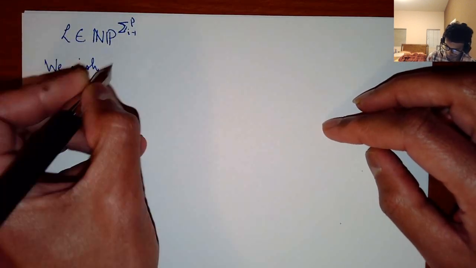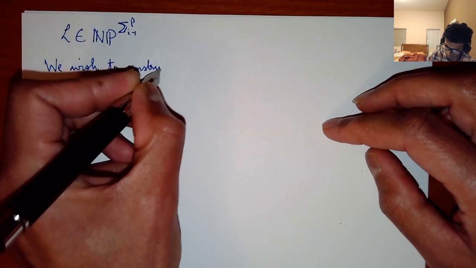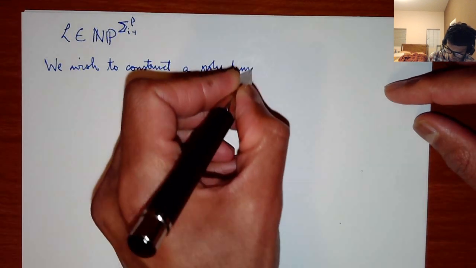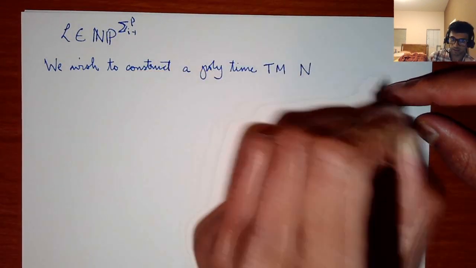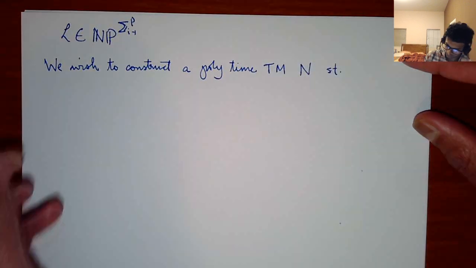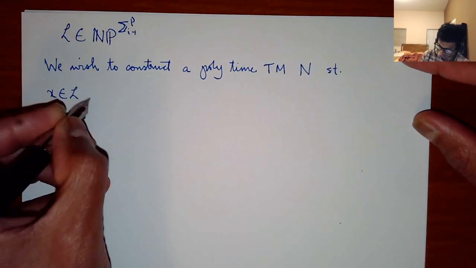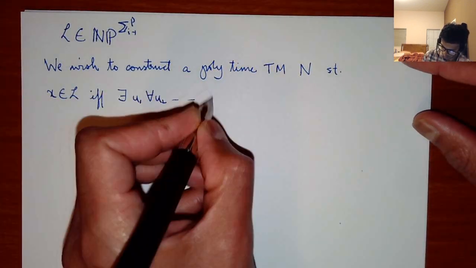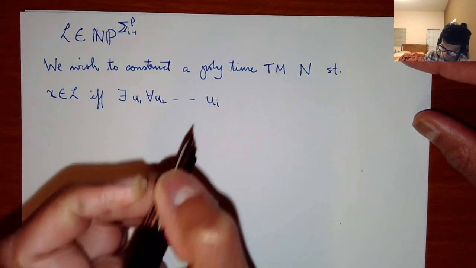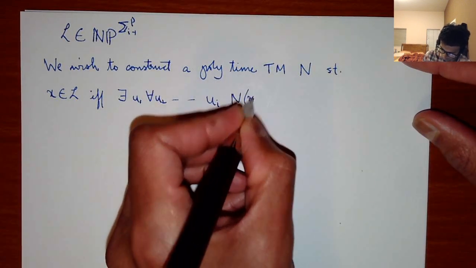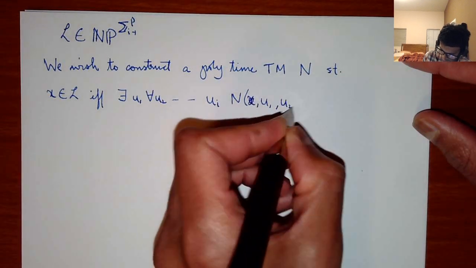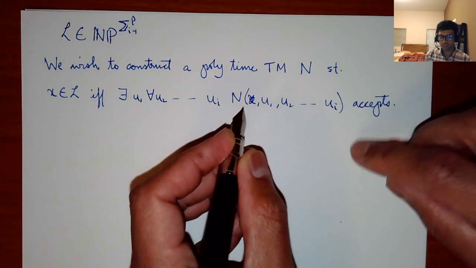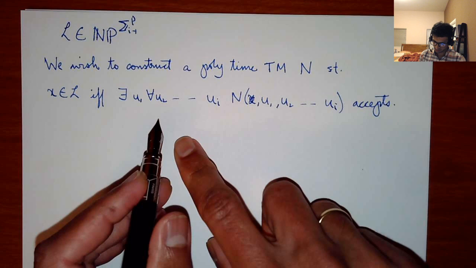We wish to construct a polytime Turing machine N such that X is in L if and only if there exists a U1 such that for all U2 up to UI, N of X, U1, U2 up to UI accepts. So we just need to construct this one polynomial time machine that has this structure.